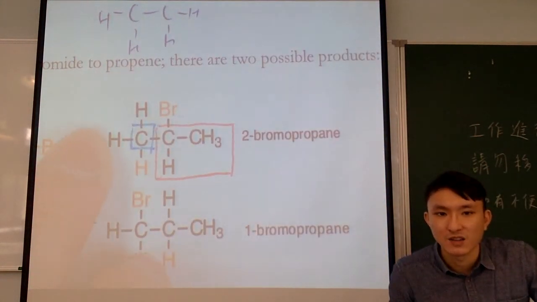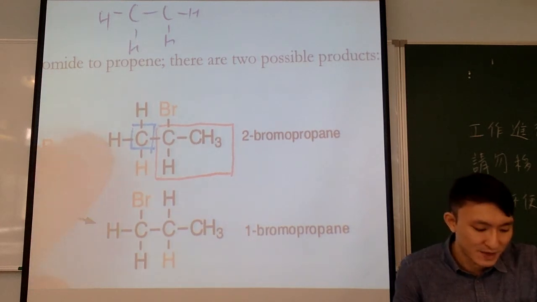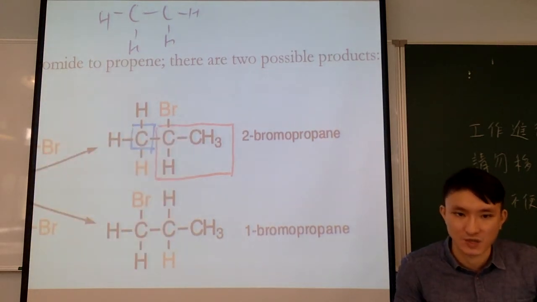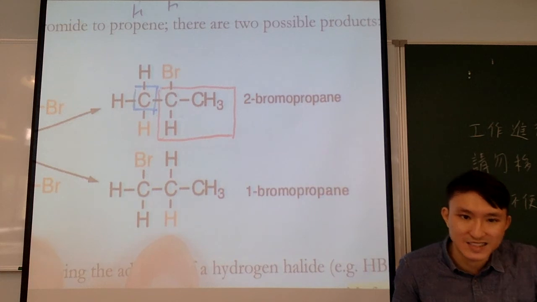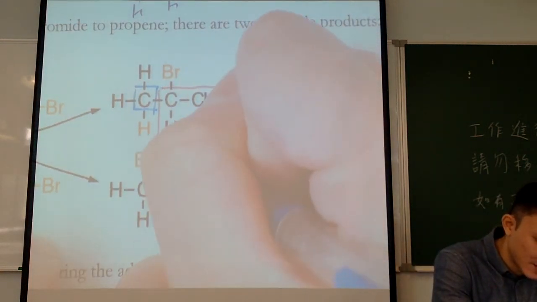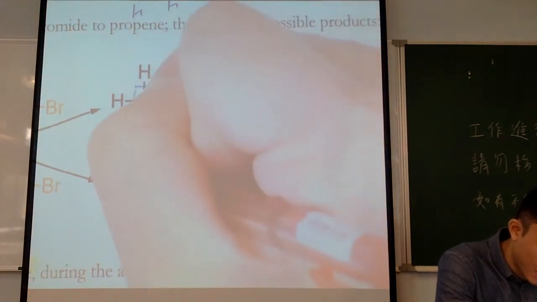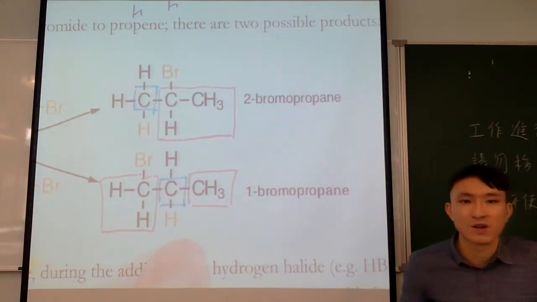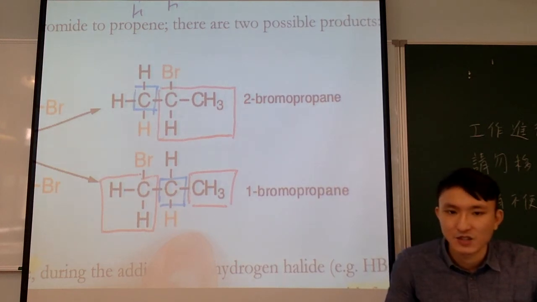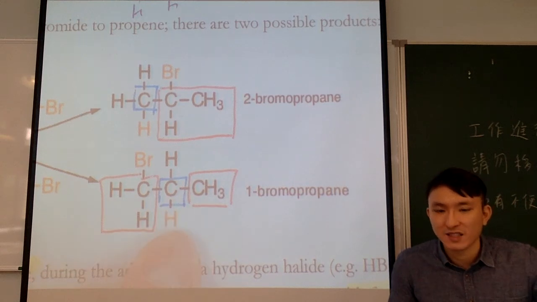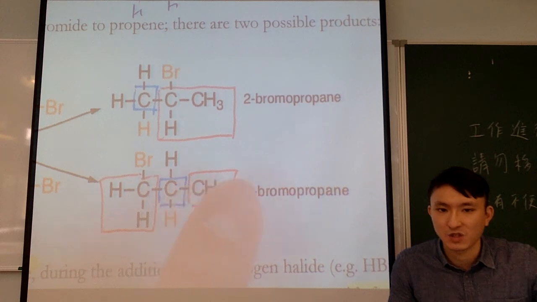The rest of them are 2 hydrogen atoms. So when this hydrogen is added, this carbon is attached to 1 alkyl substituent. Now, if you look at this situation, this carbon is attached to 2 alkyl substituents. So for the addition reaction forming this product, we must have the hydrogen atom connected to a carbon with 2 alkyl substituents.